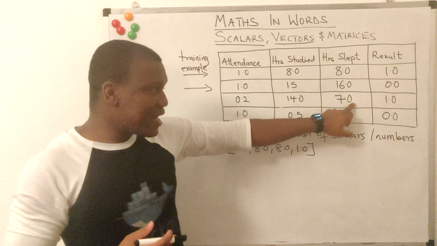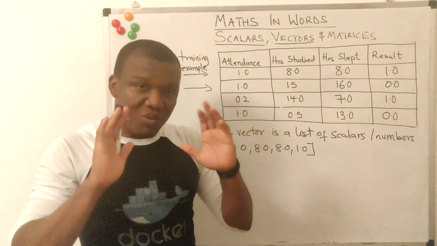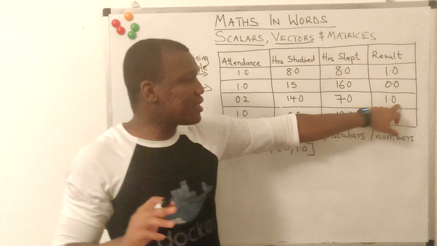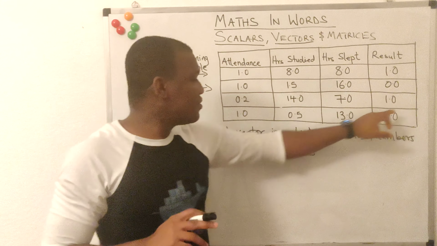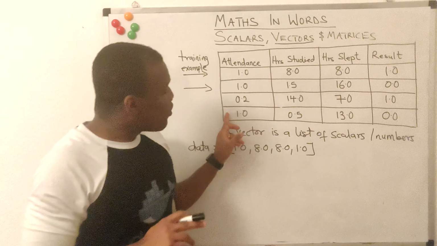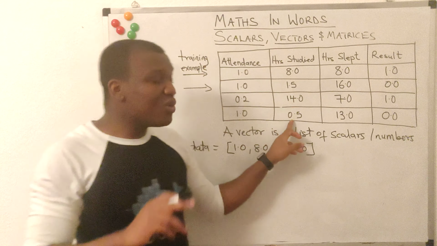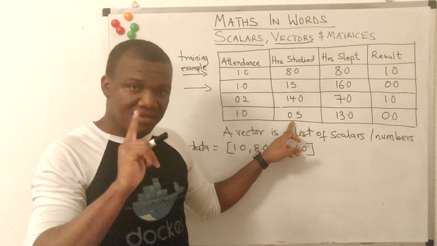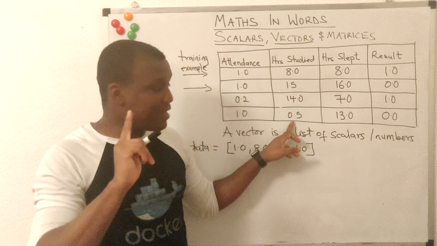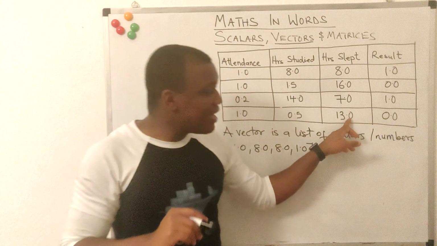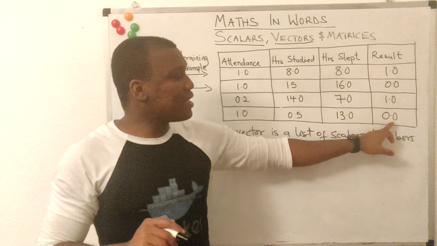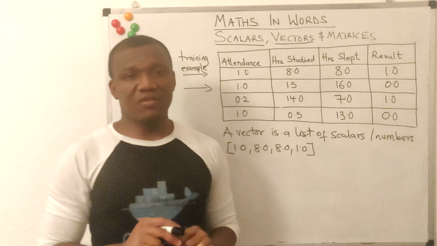She slept 7 hours, which is good, so her brain can rest and she'll be able to remember what she learned. And the result came out that she passed. This guy went to class 10 out of 10, but studied only 30 minutes or 0.5 hours in a day, slept 13 hours, and the result came out that he failed.